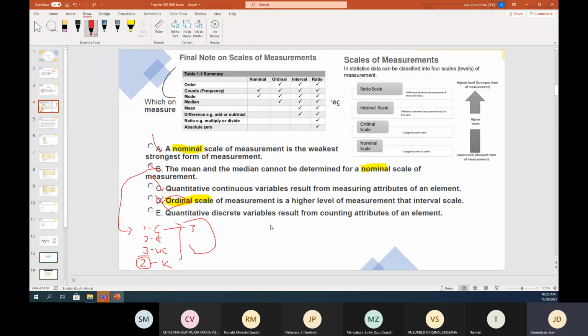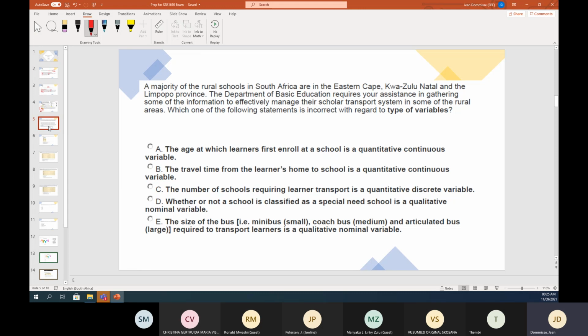Okay, quantitative discrete variables result from counting, and again that is correct. So basically we've now done the 3 types of questions that you can get from study unit 1 in the exam.